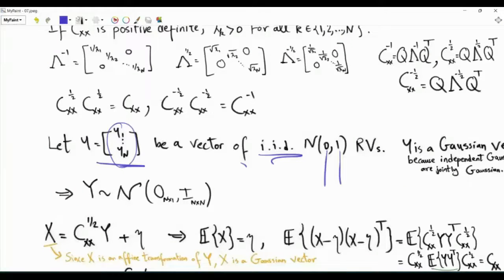Now take x. This is the trick. Take x to be a particular affine transformation of vector y. So y is an easy vector, for which you can very easily write down the joint PDF of its components, exploiting independence. The joint PDF will be the product of the marginals.